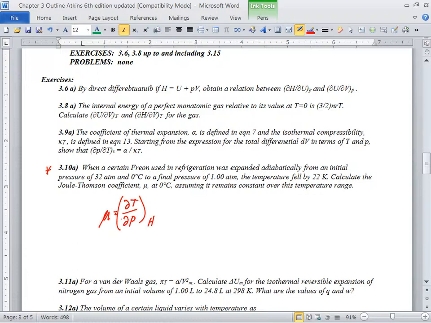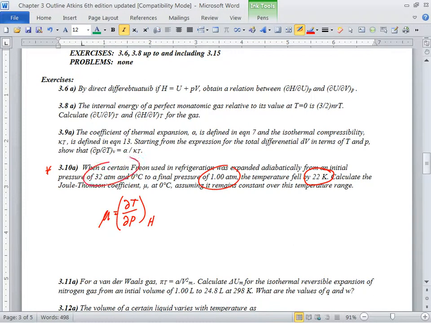Delta T over delta P. Yeah, it's just delta T over delta P. It's calculating the slope. You know how the temperature changed, you know how the pressure changed. So that's all it is. That H is like constant enthalpy, right? Constant enthalpy. There's your temperature change, and calculate your pressure change.